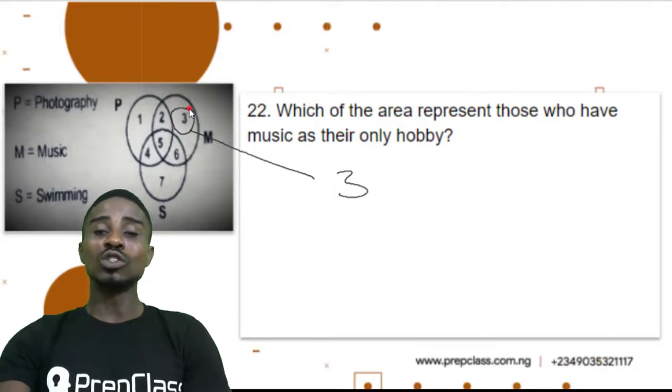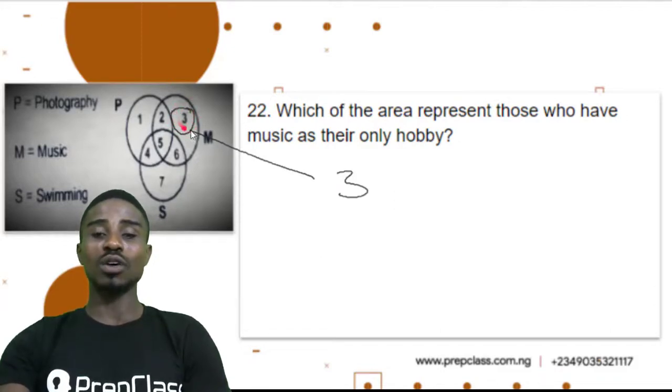It will have nothing to do with photography or swimming, but only music. Since we are sticking with only music, our correct answer would be 3. You can see it here. I even drew an arrow to bring it out here. 3 would be our correct answer.